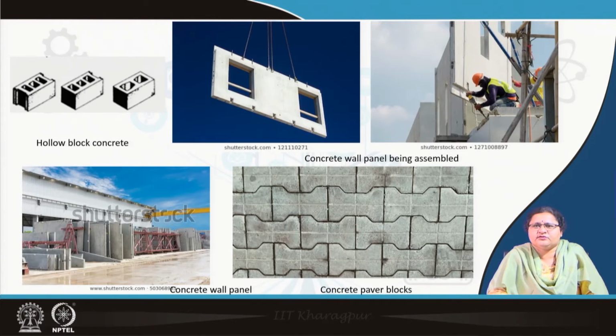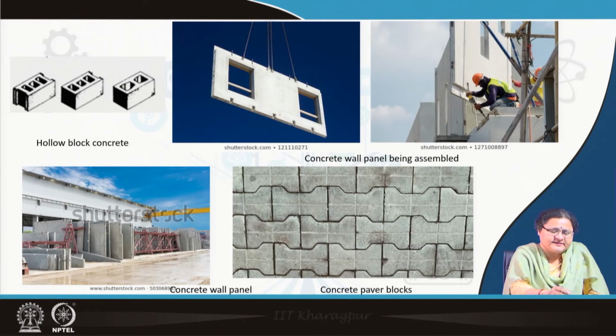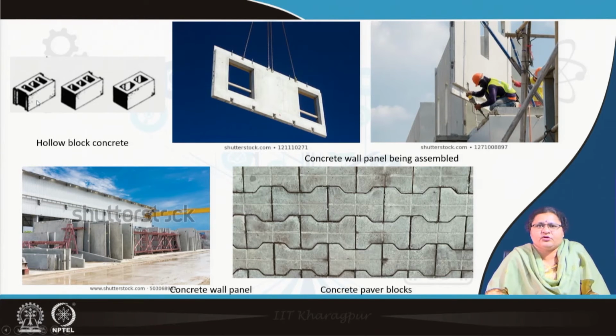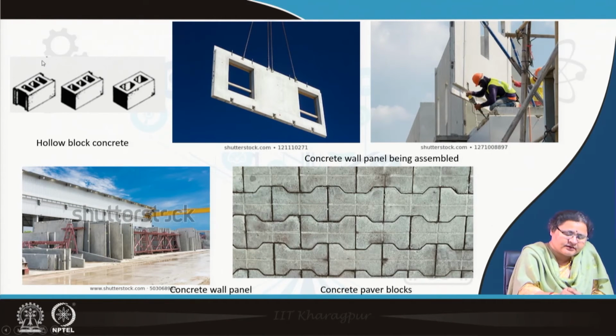Now, I expose you to some pictures. This hollow concrete block which you see in the first picture resembles a brick more or less, but it is larger in size than a brick. These are cast units, special units, and when they are connected one after the other, you can check here, there are some notches, here are some notches, and here it is different, this has a flush end.